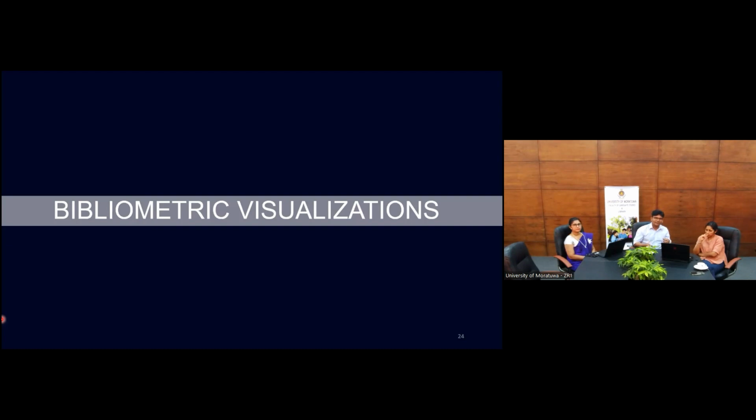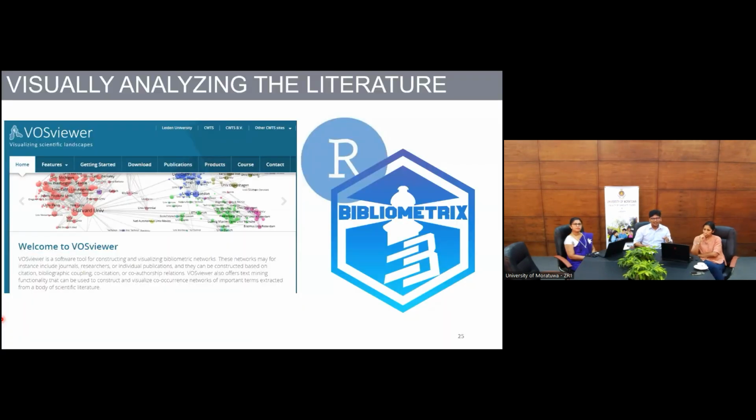So bibliometric visualization can be done using the .bib file or the CSV files that I mentioned, which you can get from index databases or places like Dimensions. After you get this file, there are several open source software that can do this, but my personal favorites are VOSviewer and the package in RStudio called Bibliometrix.